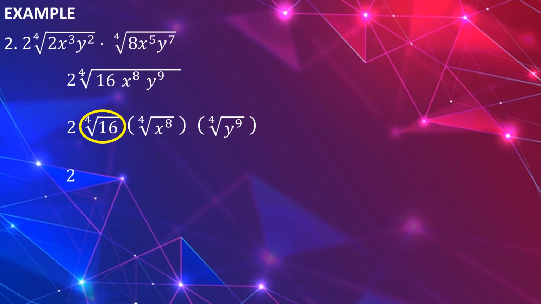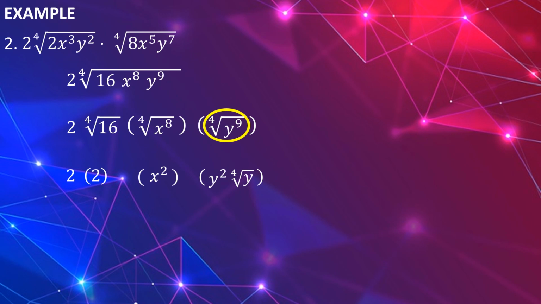We get the fourth root of 16, and the answer is 2. Times the fourth root of x raised to 8, which is equal to x squared, times the fourth root of y raised to 9, which is equal to y squared, fourth root of y.